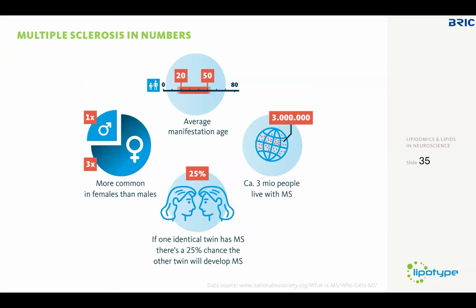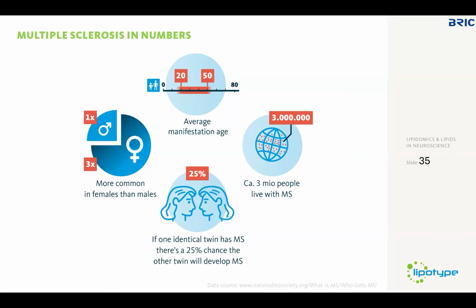It's a chronic inflammatory disease of the nervous system, and basically it manifests in the body attacking the myelin sheath of neurons in both brain and spinal cord. The damage causes communication problems between the CNS and the rest of the body. Globally, around 3 million people live with multiple sclerosis, and of course symptoms may vary drastically.